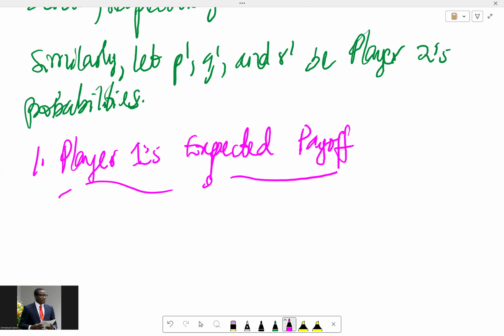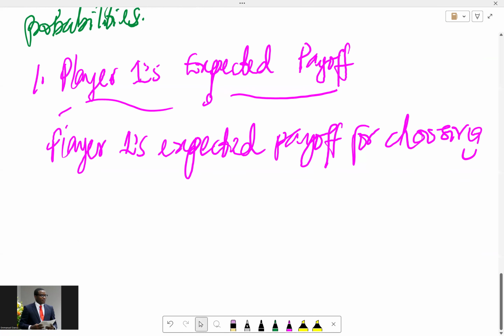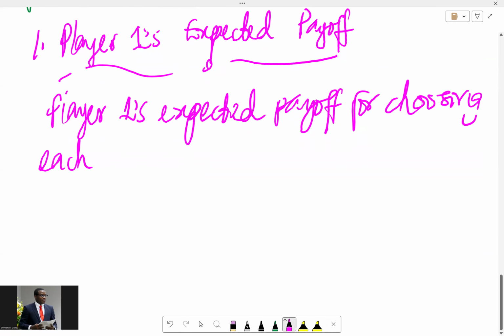Okay, so here, player one's expected payoff for choosing each action, that would depend, right? It's a game.